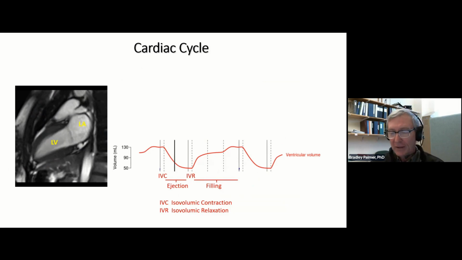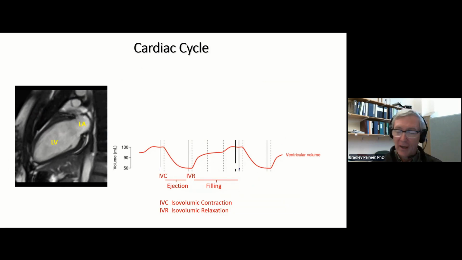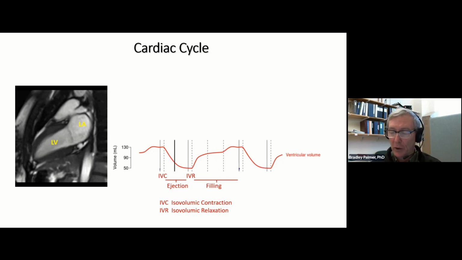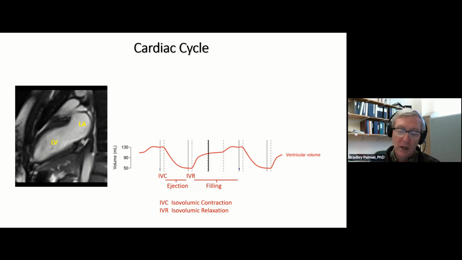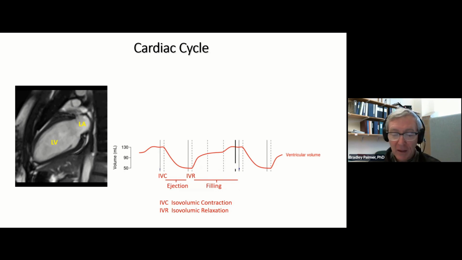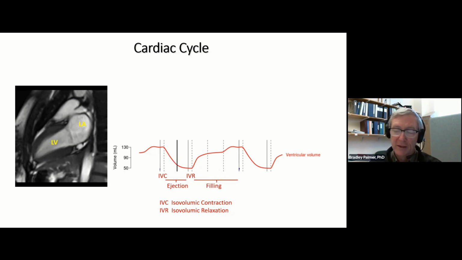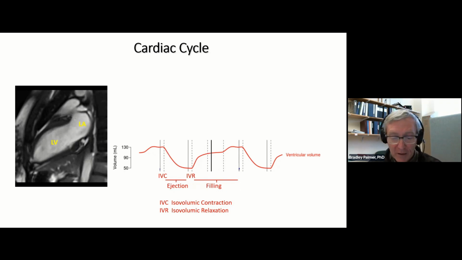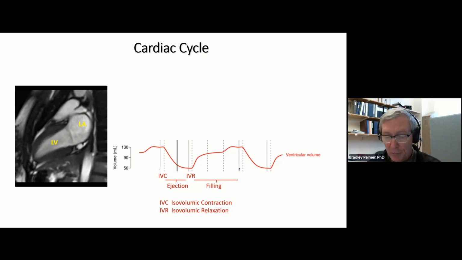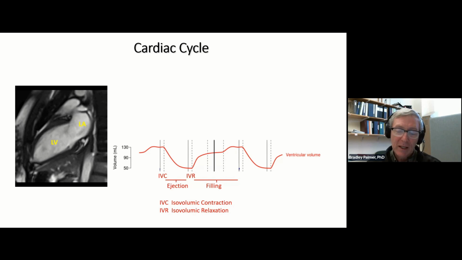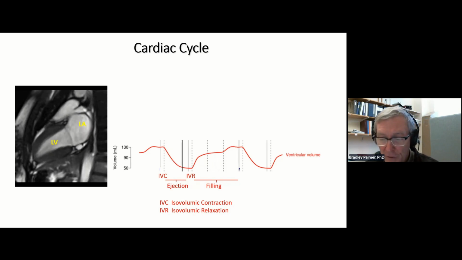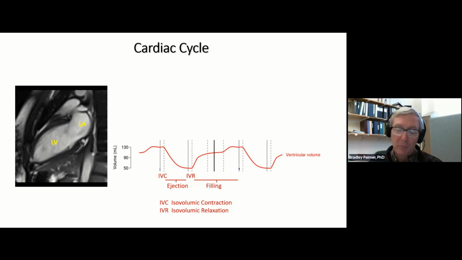Now on the left side of this slide, you'll see a functional MRI image of a human heart. This image shows the chambers of the left atrium and the left ventricle throughout the cardiac cycle. The right side of the slide shows blood volume in the left ventricular chamber. We see that immediately after initiation of a contraction, there is no change in ventricular volume for a short time before the aortic valve opens.